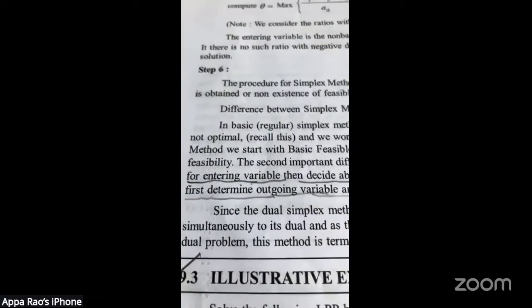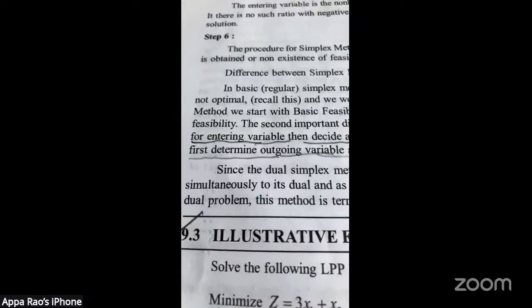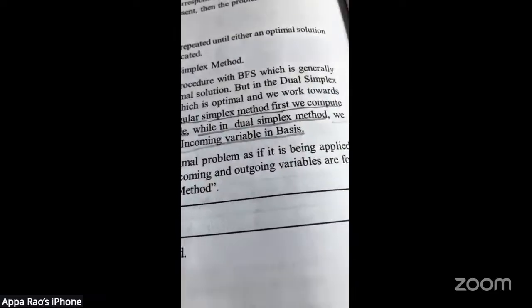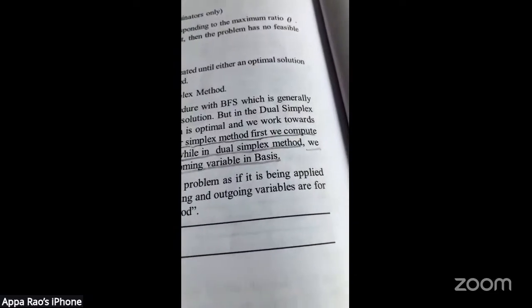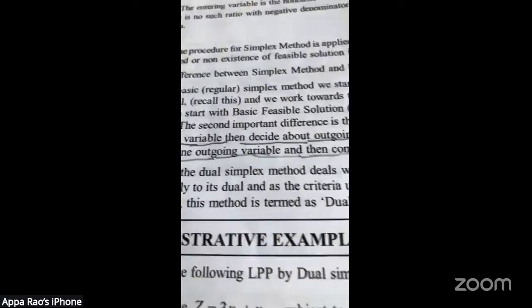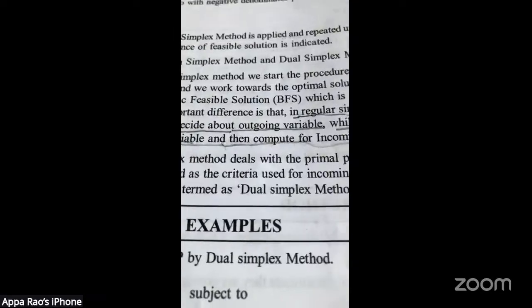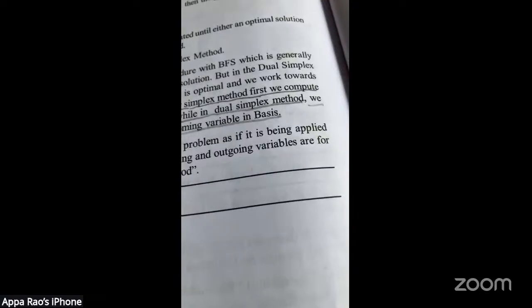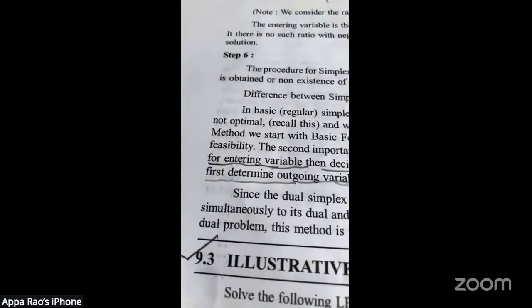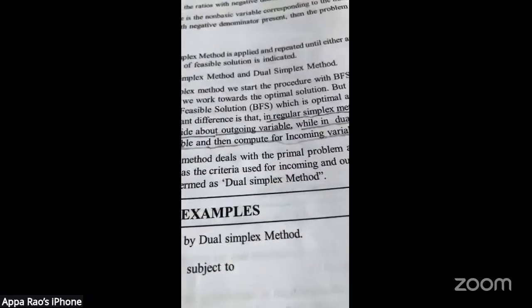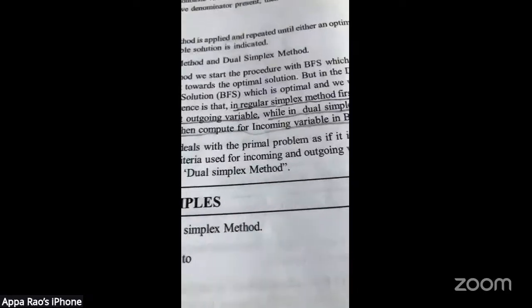Since the dual simplex method deals with the primal problem as if it is being applied simultaneously to its dual, and the criteria used for incoming and outgoing variables are for the dual problem, this method is termed the dual simplex method.